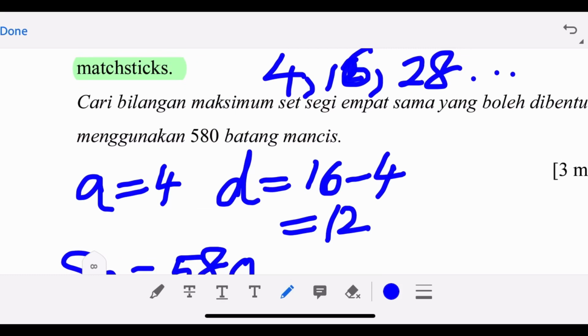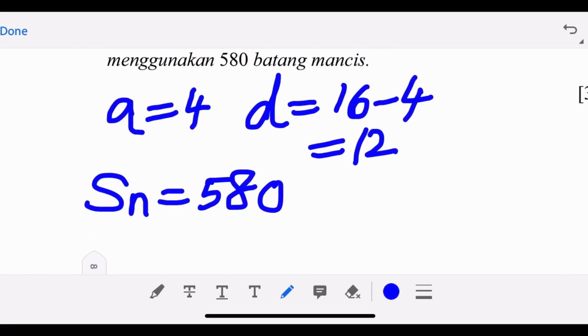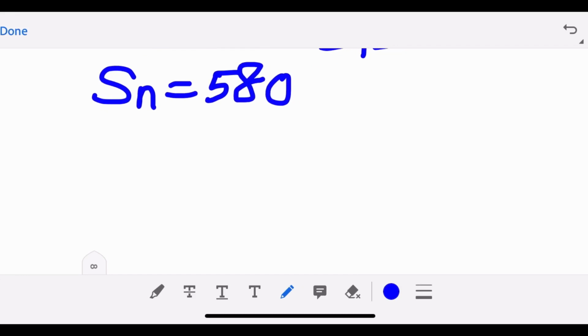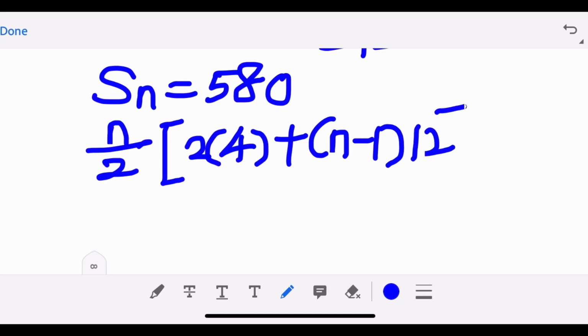Then you will use the formula n over 2, 2a plus n minus 1 d, remember? Okay, so let's substitute. n over 2, 2a, a is 4, n is the one that we want to find, d is 12, is equal to 580.